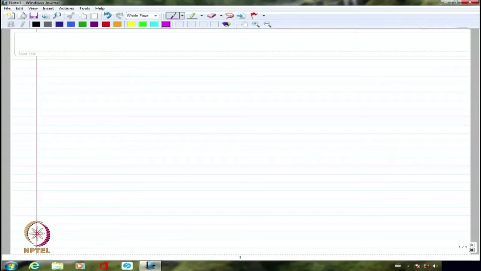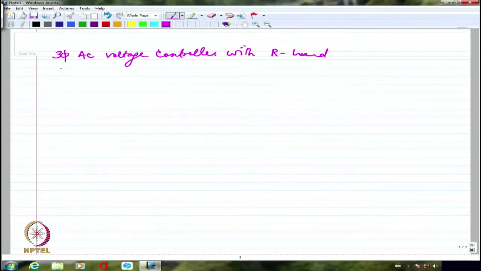So we had started on the three-phase AC voltage controller with R load at a firing angle of 60 degrees. So we'll look at it for a firing angle of 30 degrees, which will probably tell you how you are really having variations in the voltage waveform.